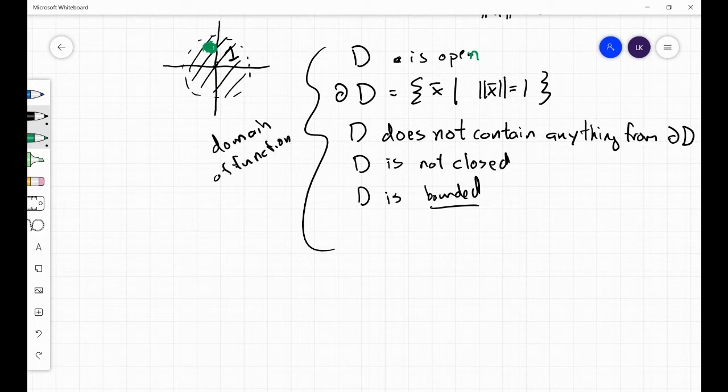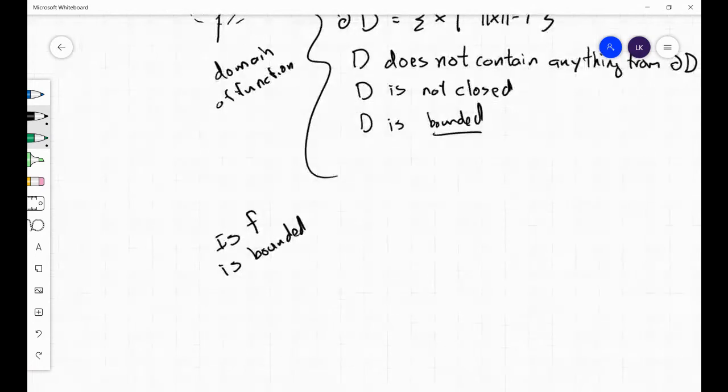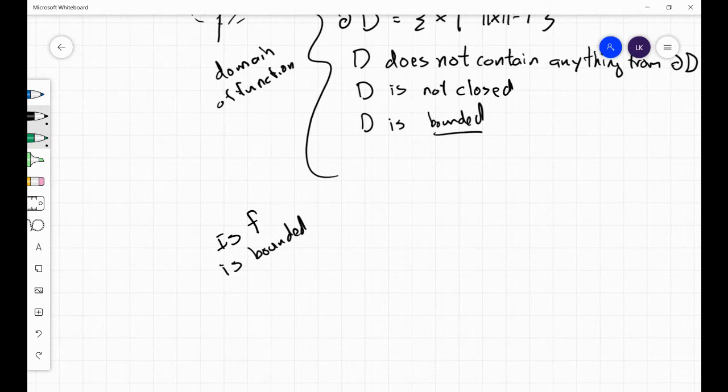But that's different than asking whether f itself is bounded or closed or whatever, because then you're asking questions about the codomain or the range of the function. They're talking about the values of the function.